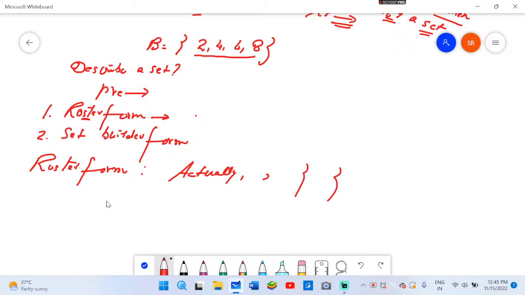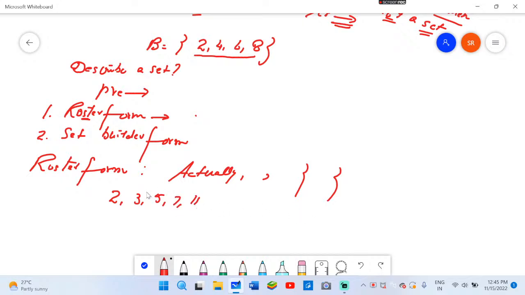For example, if I write the set of prime numbers less than 12, these will be 2, 3, 5, 7 and 11.